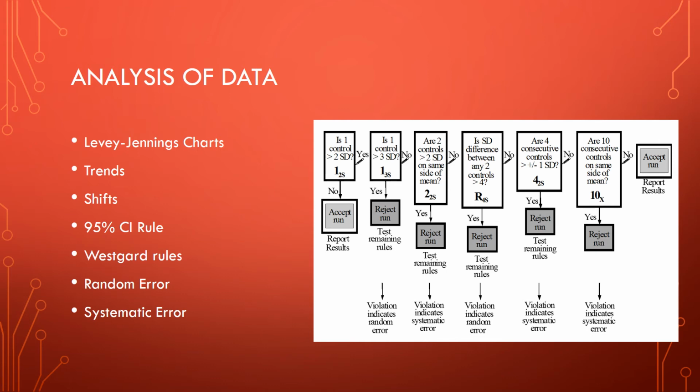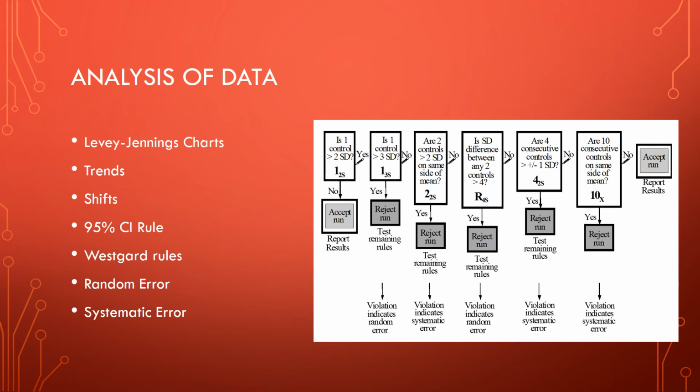Each one will have a different mean, right? Because your low material will have an expected result, and then your normal will have its own expected. And so you need different charts for each one. And what these charts allow you to do in a pictorial sense is spot trends and shifts that might be occurring with your procedure.